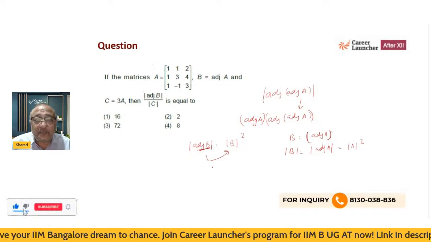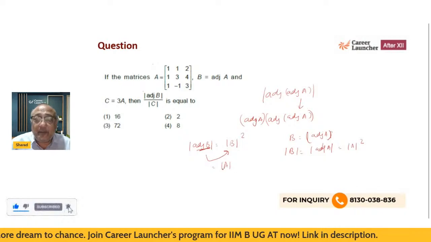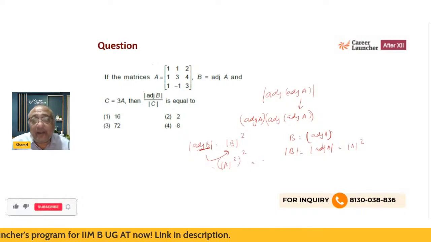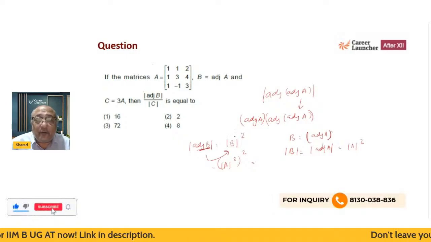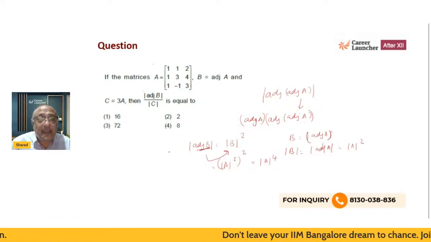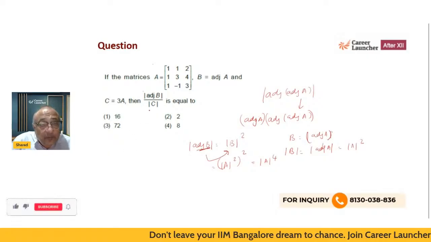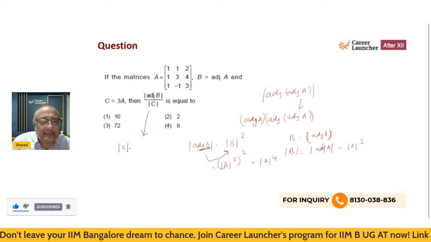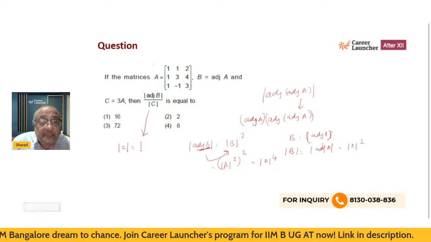So what will be adjoint of B? Determinant of A square ka square. So I'll find out what is the value of determinant of A, and we will complete this sum. There is one more part here. You can compute determinant of A, that is not important. See, this is 3A.